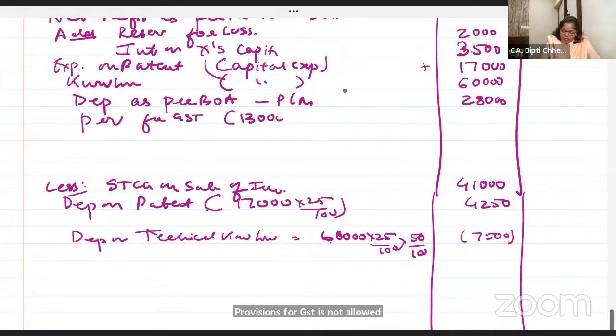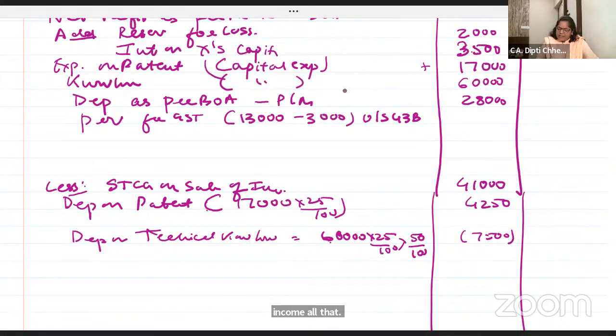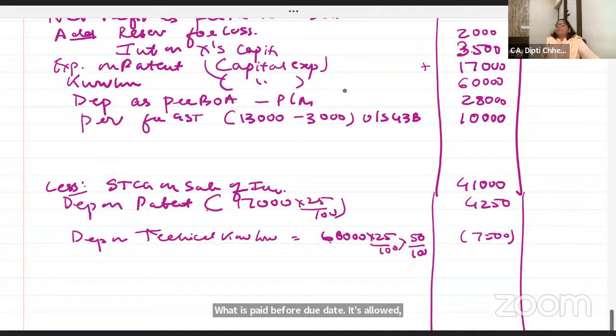But out of 13,000, 3,000 they have paid before the due date of filing the return. So write here under section 43B: if income tax, GST and all that is paid before the due date, it's allowed. But 10,000 is disallowed because it's paid late.